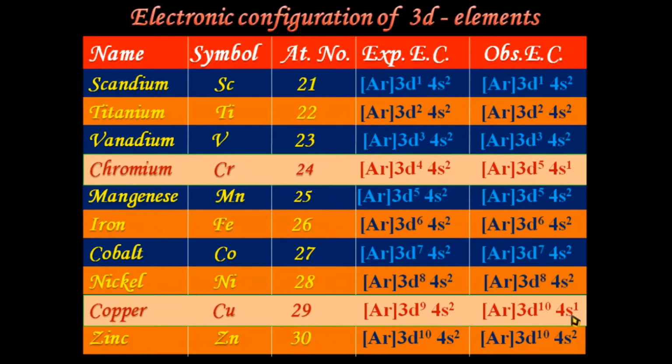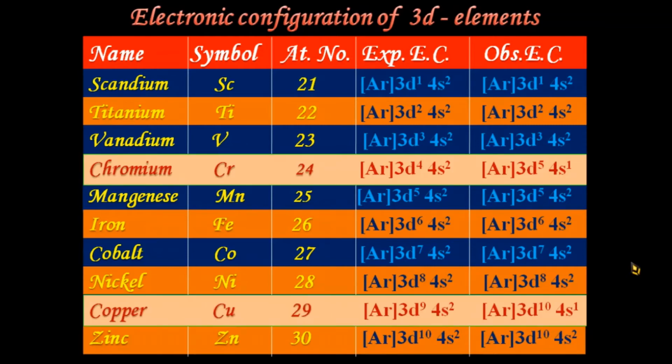Then why do chromium and copper show this type of electronic configuration? This is called the anomalous electronic configuration. Then the question is, why do chromium and copper show such anomalous electronic configuration?